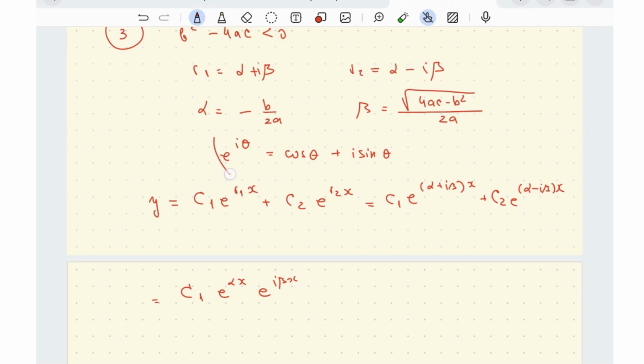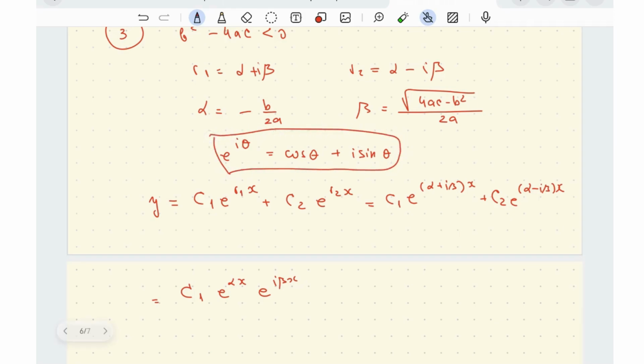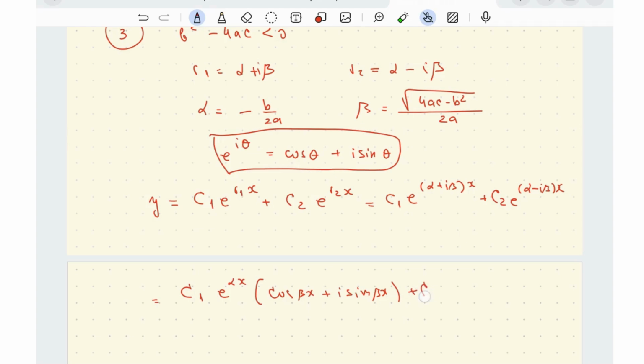And then we use this relation here, which gives us, I will not write fully, I'll just open the bracket, cosine beta x plus i sine beta x, plus c2, and here the same thing, e to the power alpha x, cosine beta x, but here it is now minus because of this minus here, minus i sine beta x.